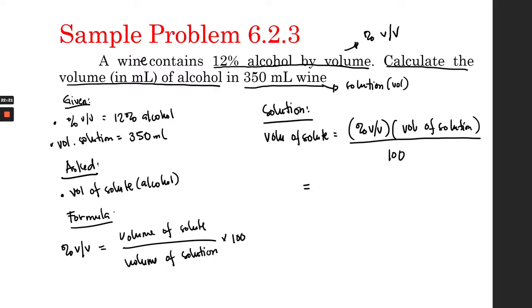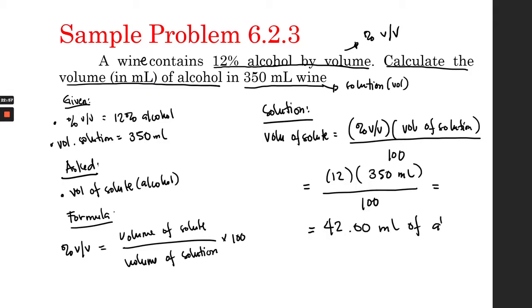If we plug in the numbers, 12 multiplied by 350 ml divided by 100, that would give us 42.00 ml of alcohol.